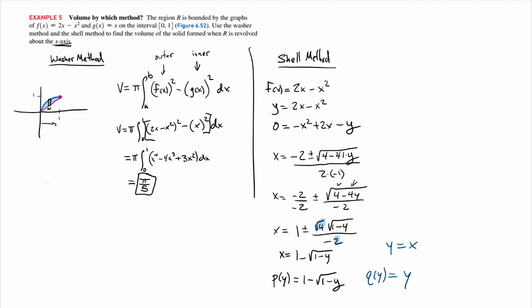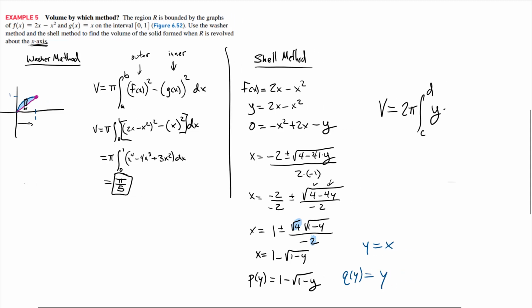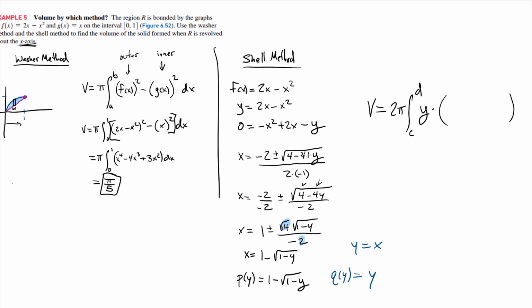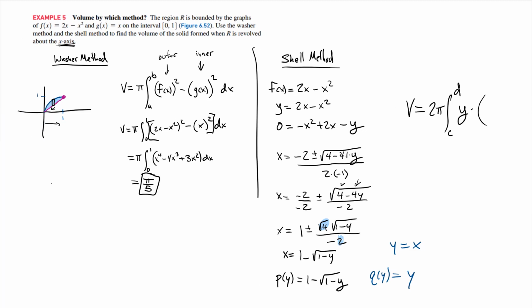Beautiful. So now we can set up our problem. The volume is equal to 2 pi times the integral from c to d of our radius, y, times, what's our outer and inner function now?